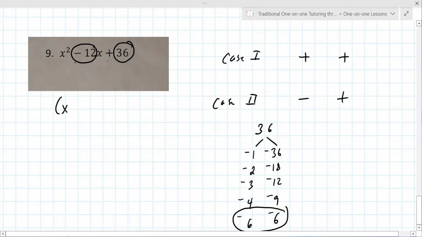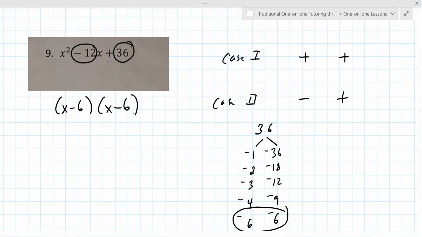So it becomes x minus 6, x minus 6. So that's the final answer. Yeah.